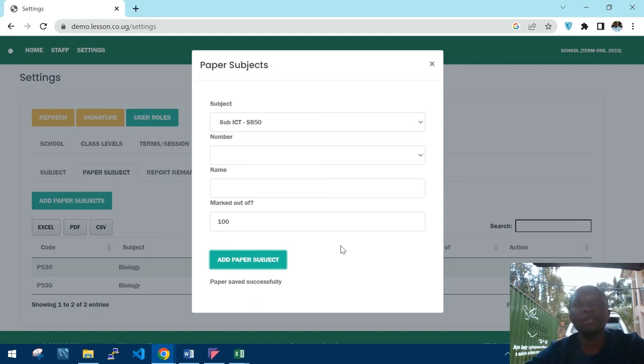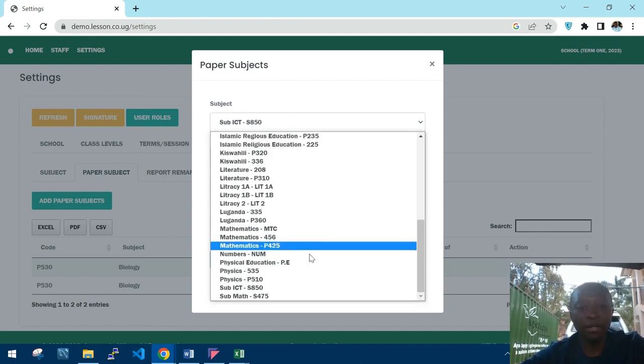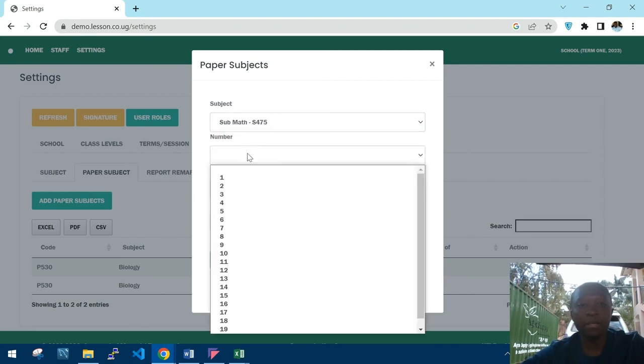Then it rounds their points to all if they have a credit or a distinction. But if you give it two papers, then it is going to consider it as a two paper subject, and then it will undertake the algorithm for obtaining a two paper subject point. So we strongly recommend that for subsidiary ICT, you give it one paper just as general paper and subsidiary math.